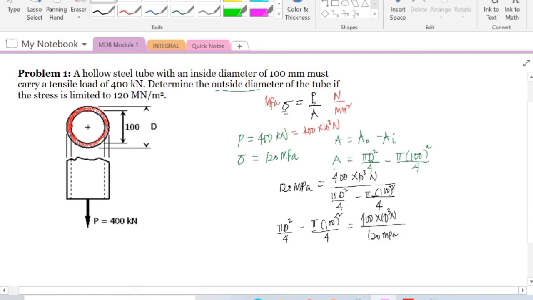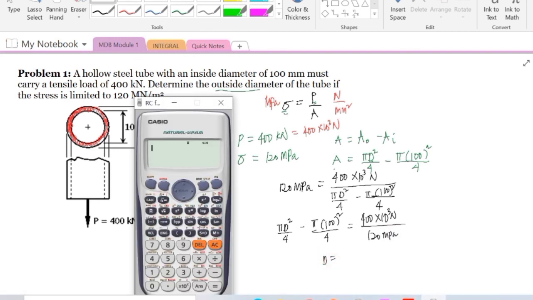So we have pi x square over 4 minus pi times 100 square over 4 equals 400 times 10 to the 3 over 120.